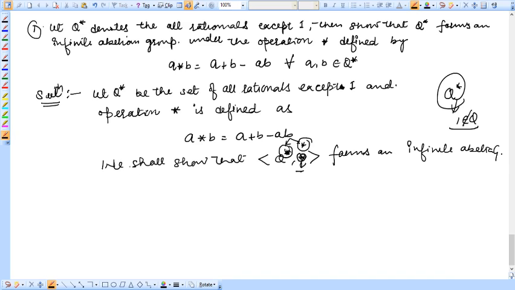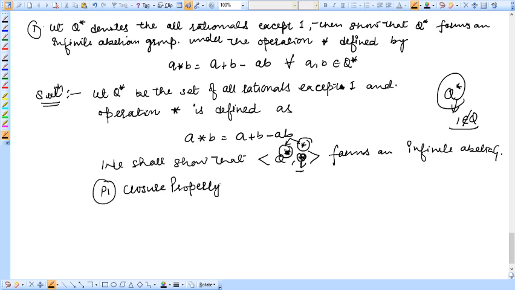Okay, so first, if we want to prove that this is an abelian group, we will have to show all 5 properties: closure property, associative property, existence of identity, existence of inverse, and at last commutative property, right? So let's start with property number 1, closure property.